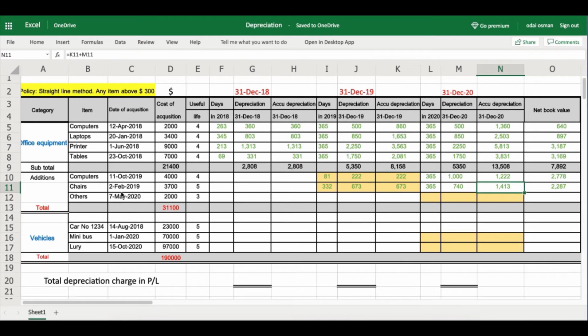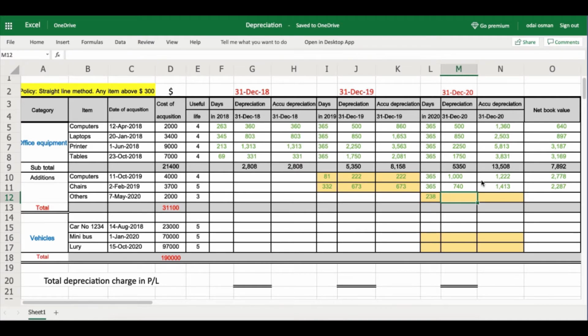So here we have an addition on 7th of May 2020. So we need to calculate the days in 2020 by applying the same formula as we did before. Equal $ sign, it is M, $ sign again, 2 minus this date gives us 338 days.